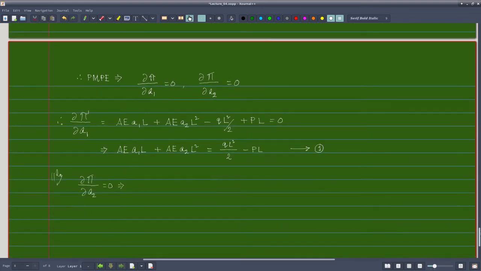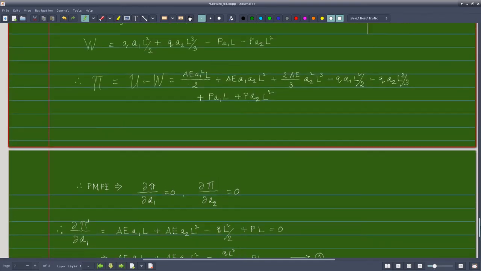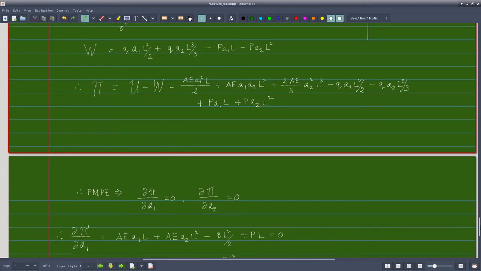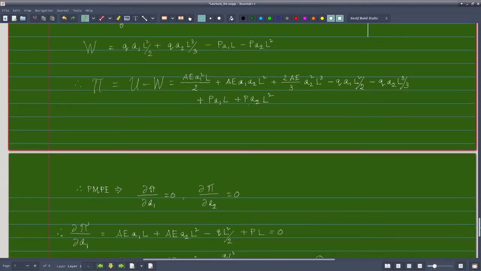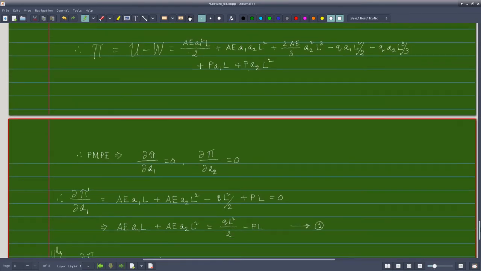Then the next term containing A2 is 2/3 AE square L cube, so this will be 4 by 3 AE A2L cube. So whether it is plus or minus, it is plus.